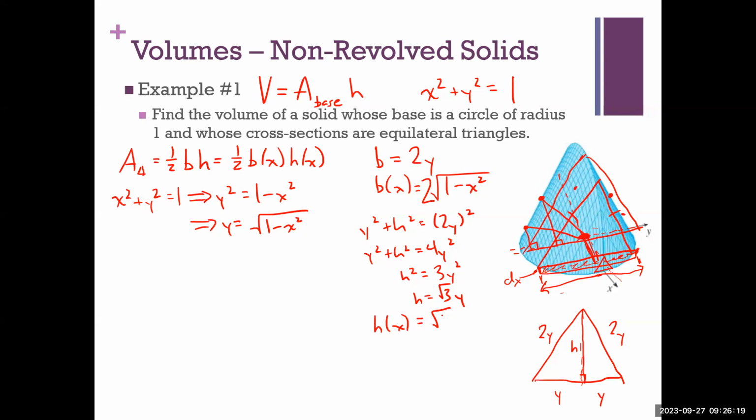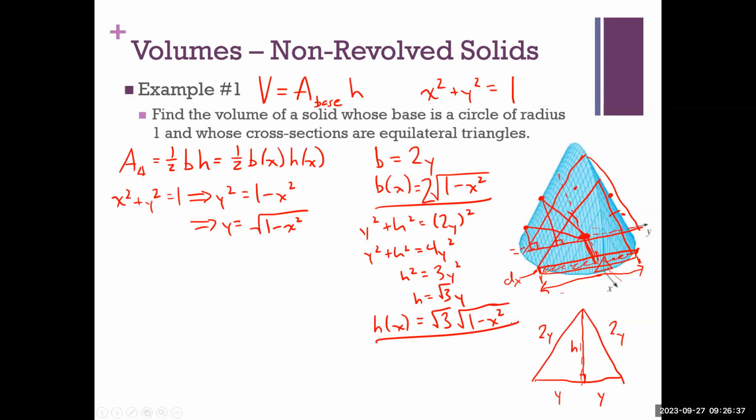So now if I substitute in for what I said y was equal to in terms of x, radical 3 times radical 1 minus x squared. So now I have my base, I have my height.